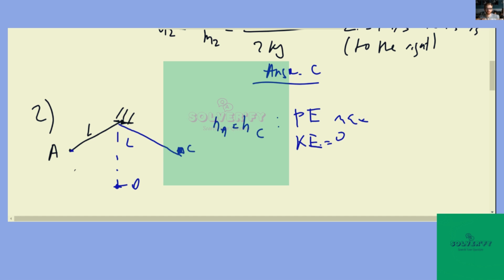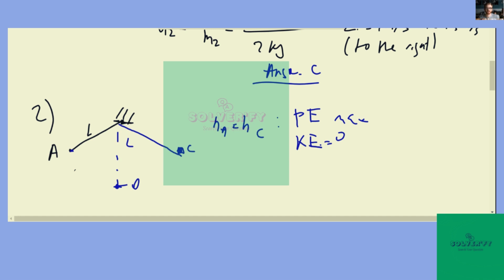Statement B is also false. Statement C is also false. And by the exclusion principle, statement D is false because at point A kinetic energy is zero.